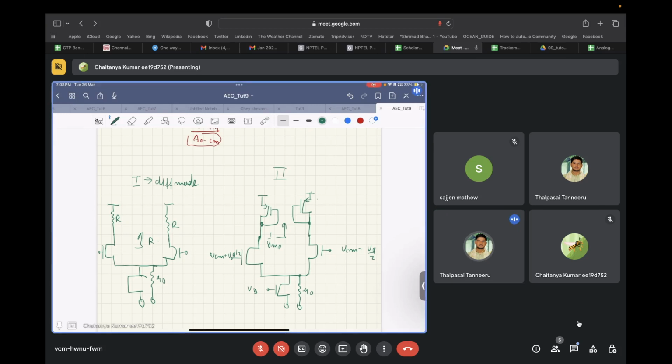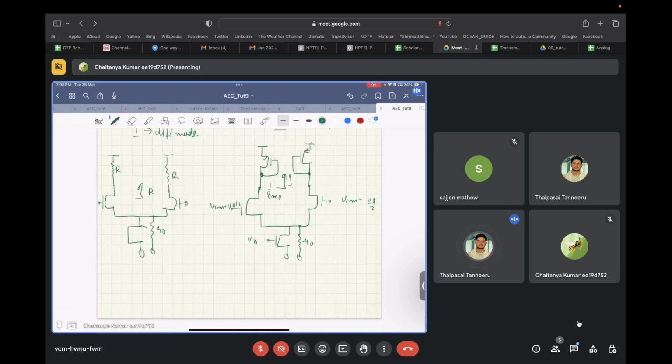What kind of gain do you need? You need lower gain in common mode, right? Yes, sir, we need lower gain. Circuit 2, because it will have lower output impedance and hence it can help you get lower gain. Okay.